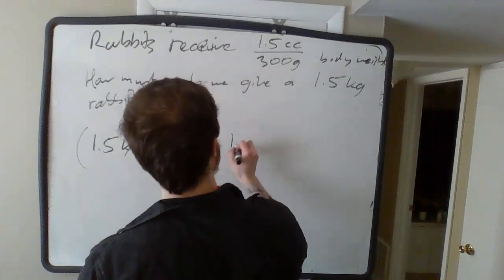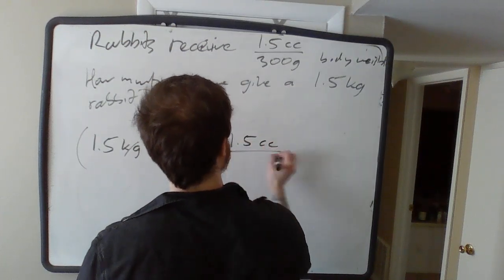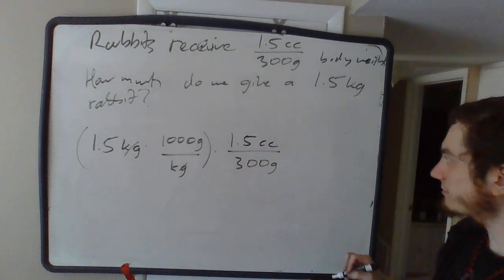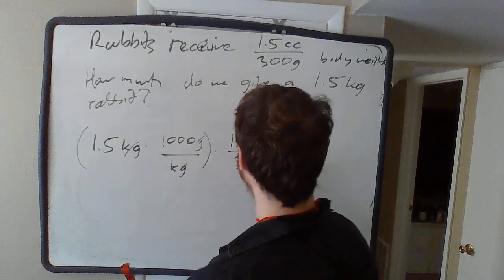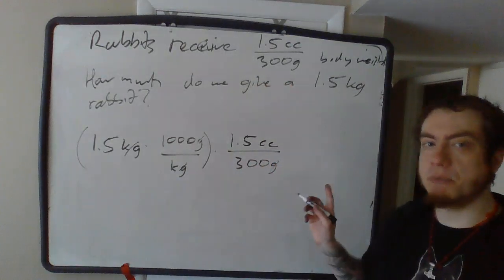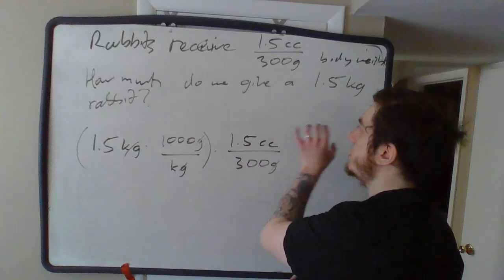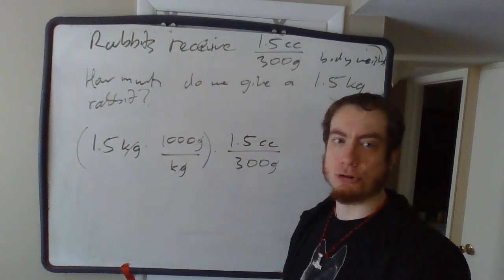Now I can multiply by 1.5 cc's per 300 grams. When I do that, that will cancel out the grams and it will leave me with cc's. So that leaves me with the units that I'm actually going to be measuring the medicine in.